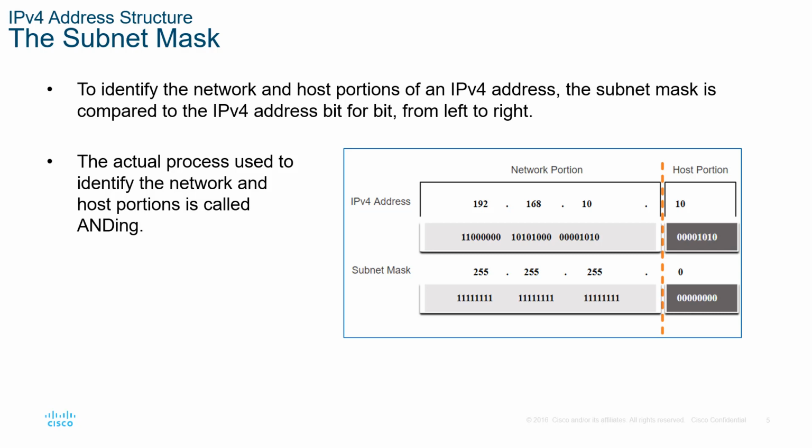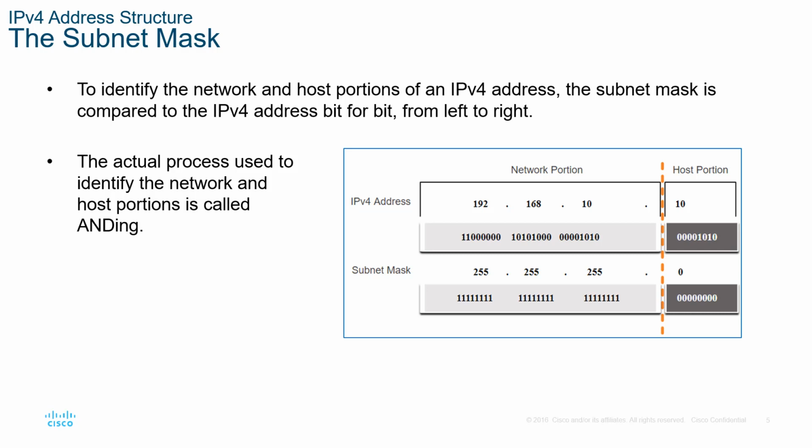The bit placements can range, so it can be 29 ones and 3 zeros, or 24 ones and 8 zeros. There are 32 bits in the addressing scheme, so the ones and zeros always total 32.